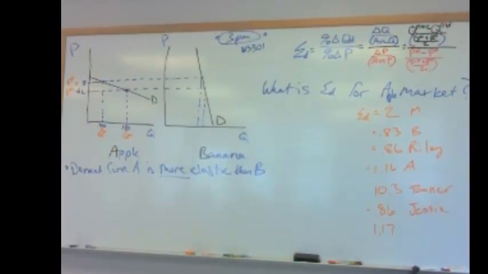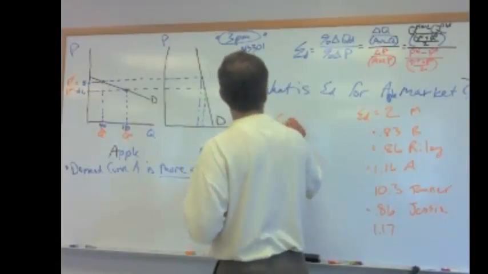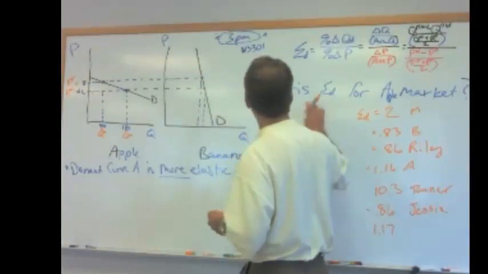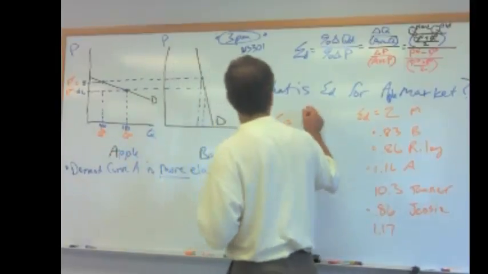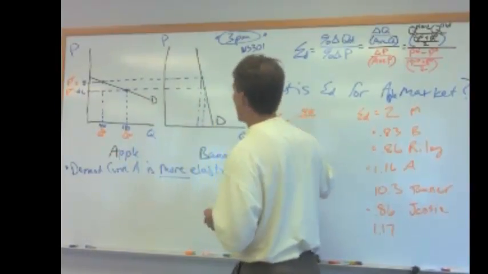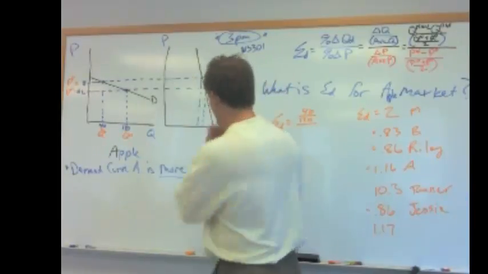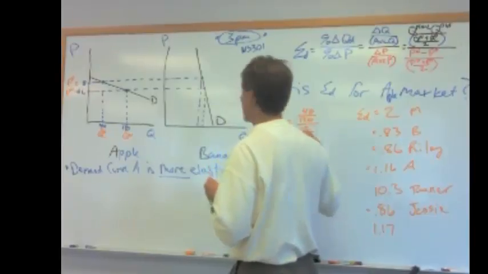So, what do we got here? The elasticity of demand equals new number minus old number on price, but new number minus old number on quantity. So we get 40 over 120 divided by negative 2 over 7.